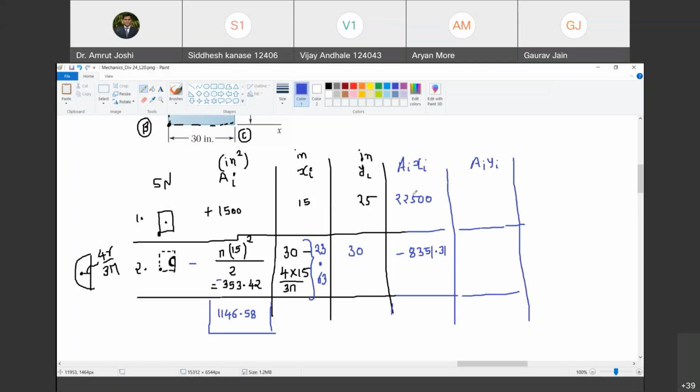What is Ai yi? So Ai yi is equal to 1500 into 25. Tell me how much is that? So 37,500. And tell me how much is 30 multiplied by 353.42.